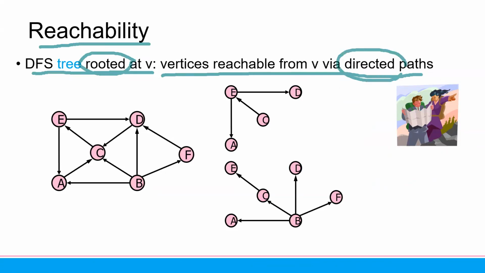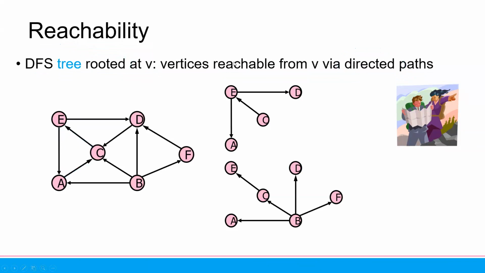Directed paths means we have edges which are directed. So this is the direction. And if we want to check whether there is reachability from all the vertices, this is the reachability.